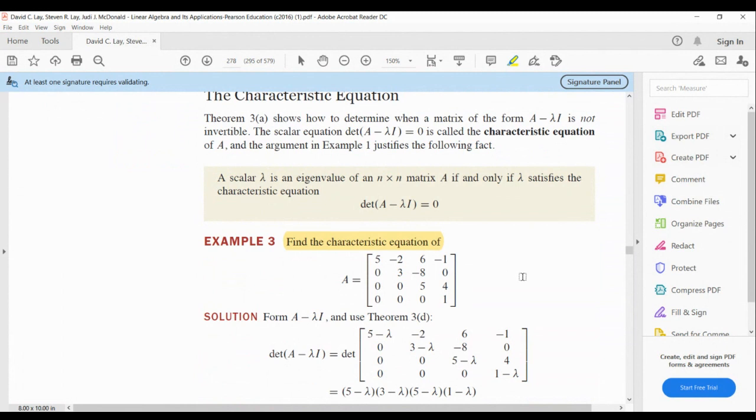So naturally, they reference this theorem above, but I think you're aware that if you have this matrix A, how do we classify that matrix?